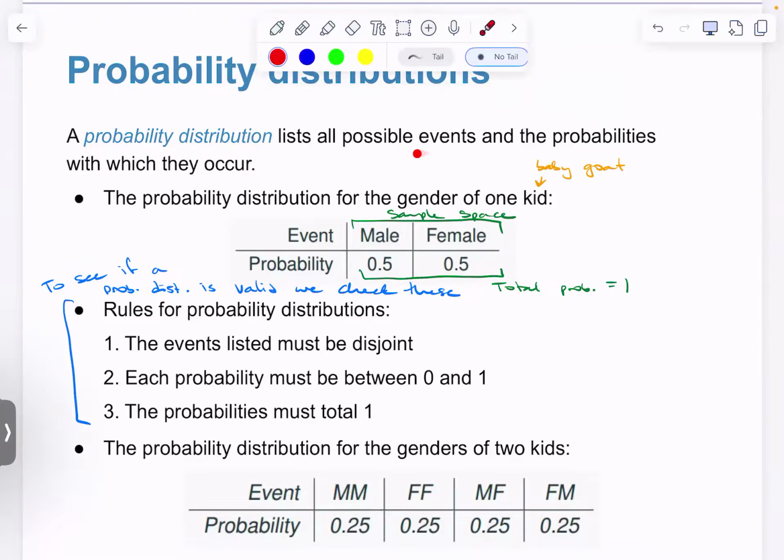It lists all possible events. Maybe I'll highlight that. Well, that's going to be the sample space. And the probabilities still have to follow the general rules of probabilities, which means they have to be between 0 and 1, and they have to add to 1.